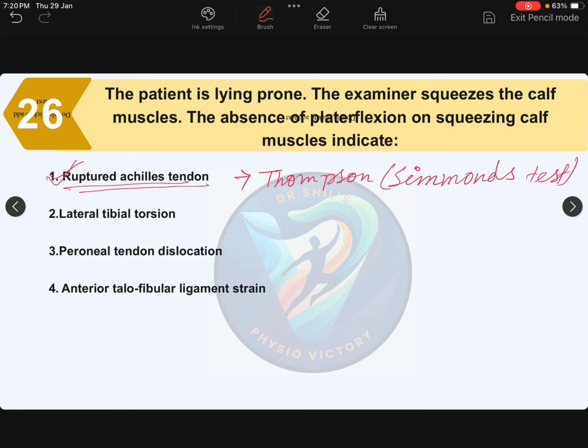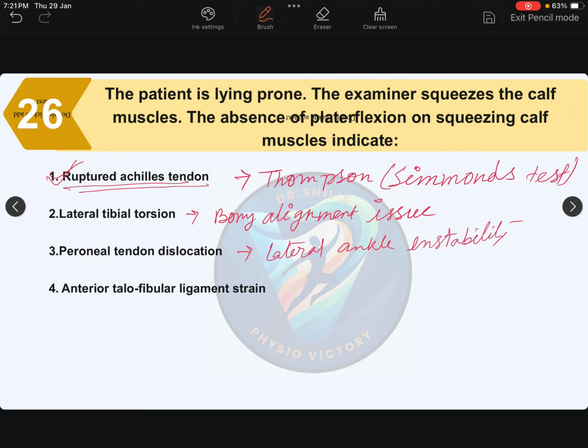Lateral tibial torsion is a bony alignment issue. Peroneal tendon dislocation causes lateral ankle instability, not a plantar flexion loss.